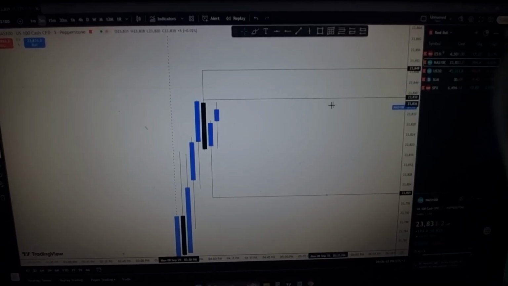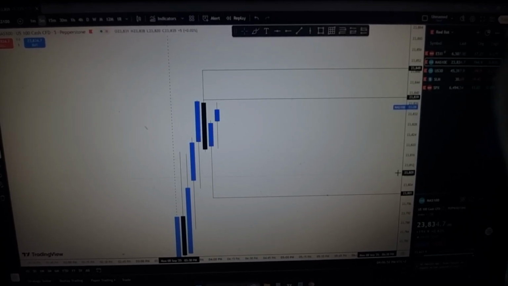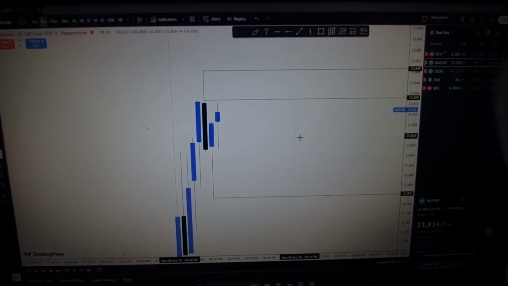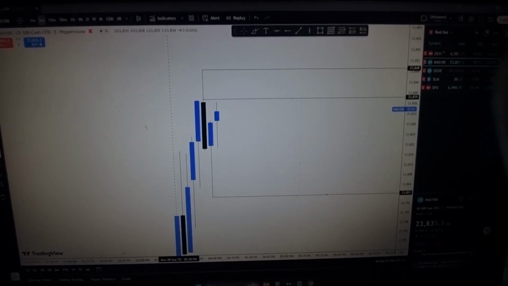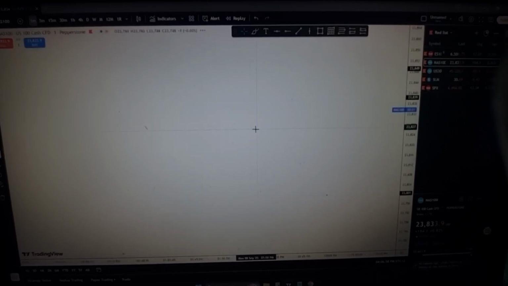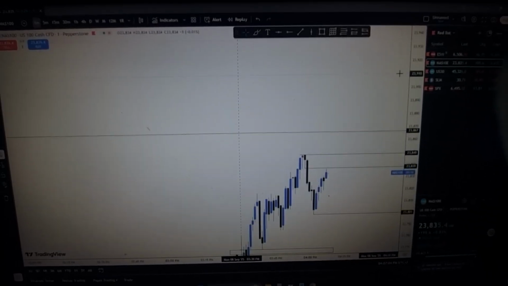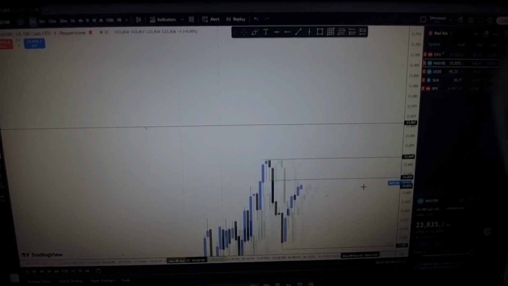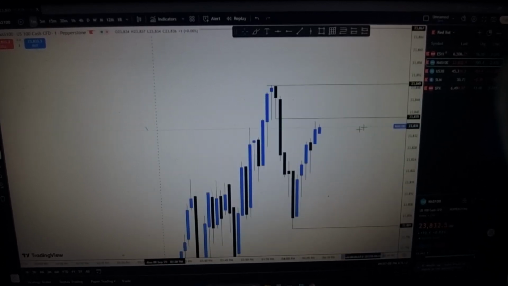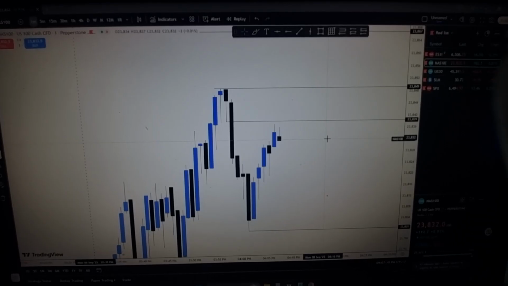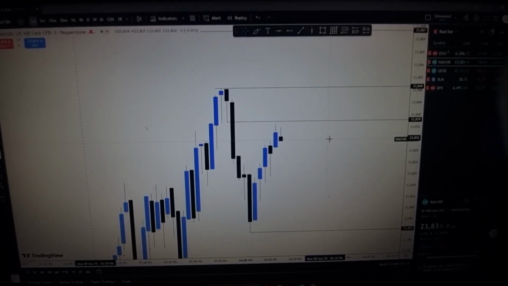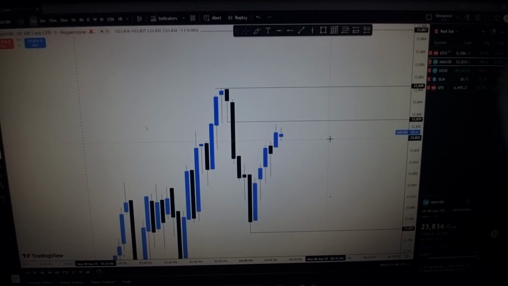Well, that basically depends on how this candle closes. We did just have a break of structure to the upside on the 1 minute, which is also a confirmation that we can use, meaning to go down.